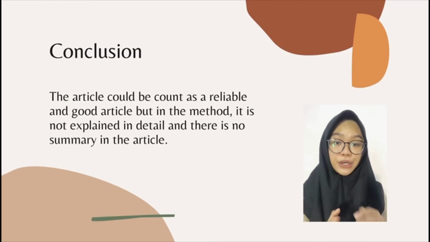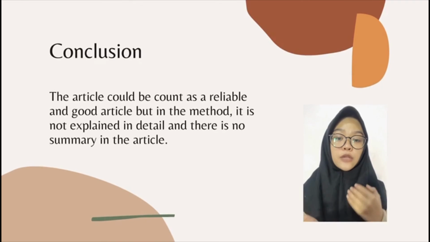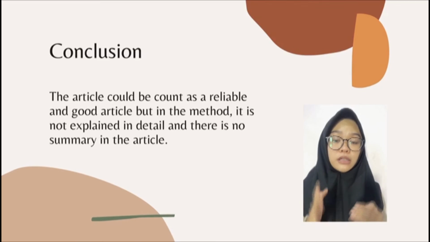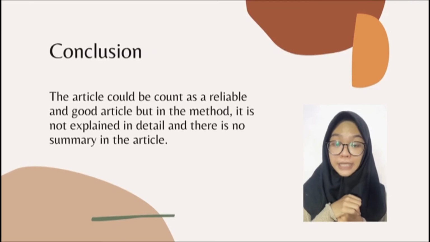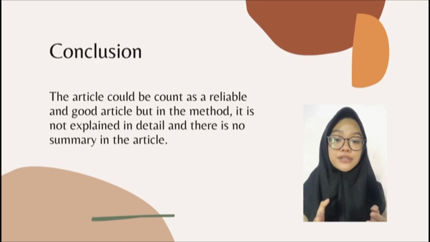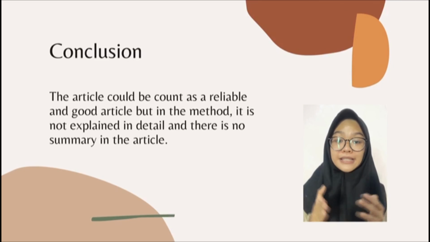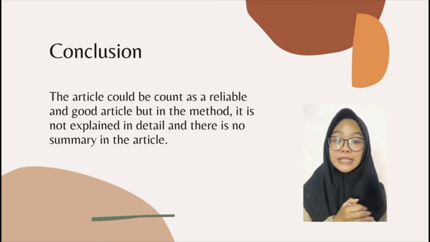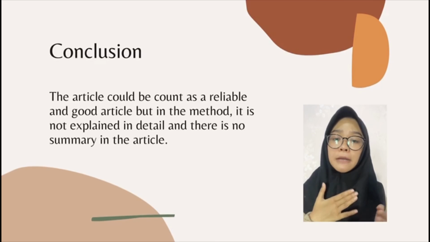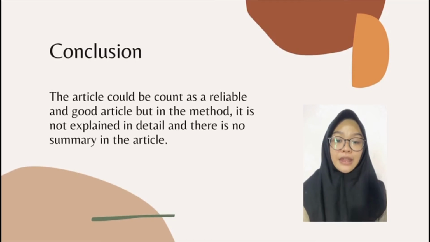It is better if the article has a detailed explanation of the method, because method is one of the important aspects of an article that can help the readers understand more about the topic of the article. And the summary also can make the article better because it's beneficial for the readers to restate or to remember the main parts or arguments of the article.